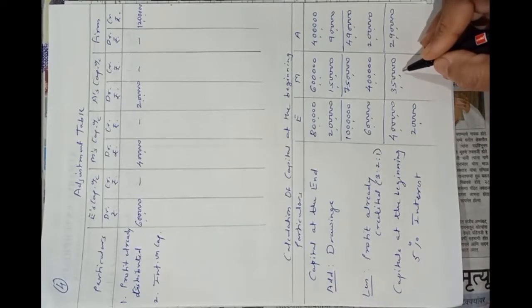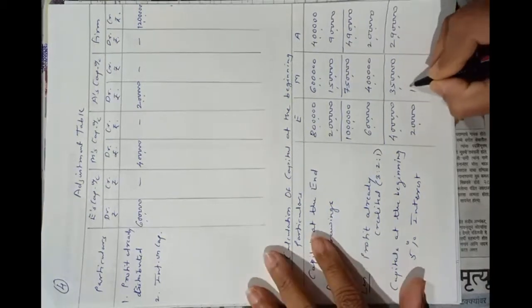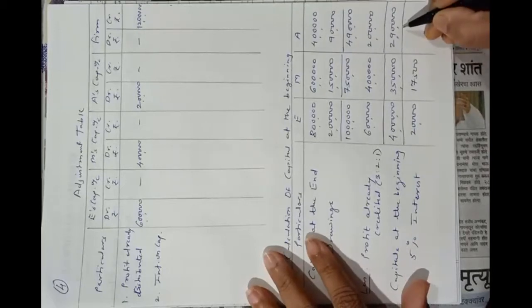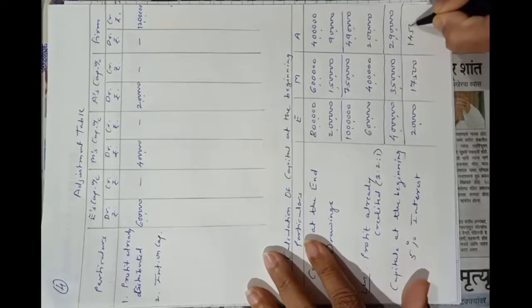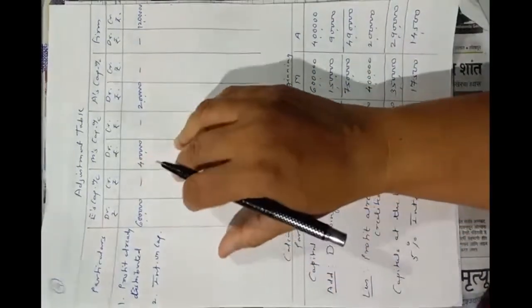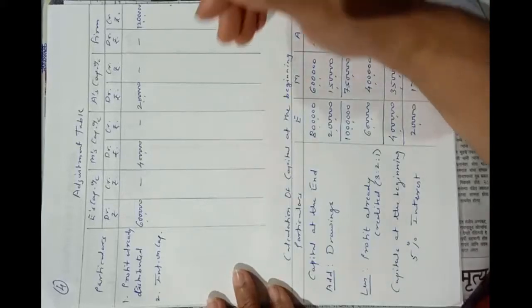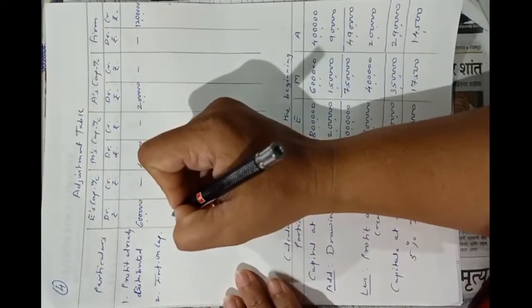5% of 3 lakhs 50,000 is 17,500, and 5% of 2 lakhs 90,000 is 14,500. This entry is omitted, so we will give them interest on capital, so their accounts will be credited for this amount.